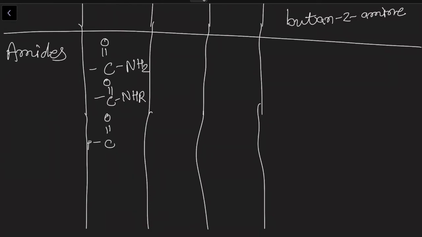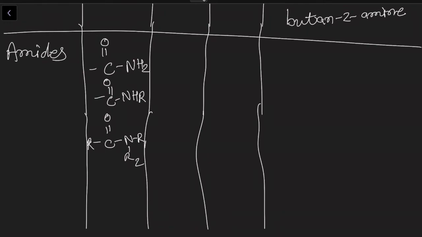Or C double bond O, and R, and then R1 and R2. Okay, so these are all called amides.